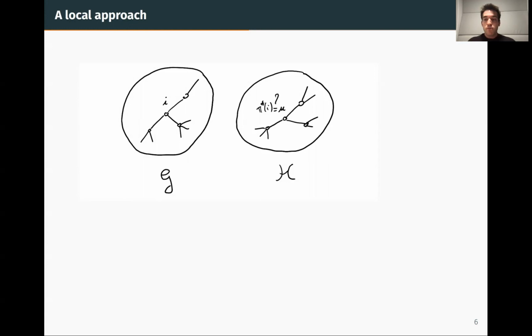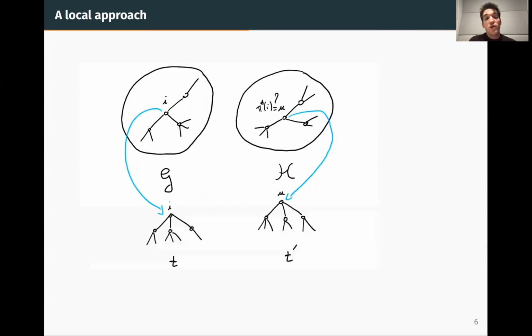And one possible answer to get a polynomial time algorithm that succeeds is to look at local neighborhoods in the two graphs. So if you look at the neighborhoods of I and U, so I in G and U in H, we will end up with trees in this setting. Okay, we have a constant mean degree.